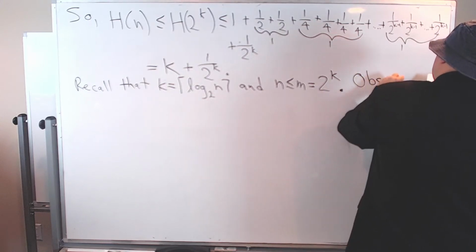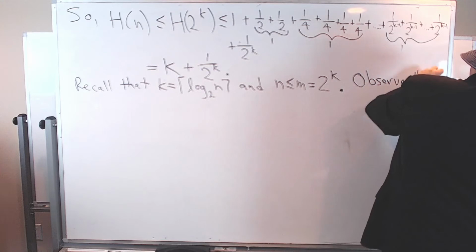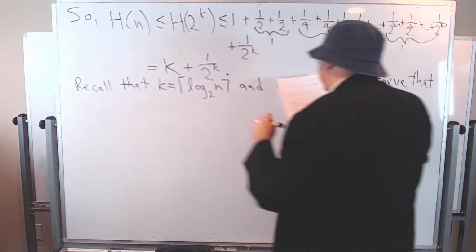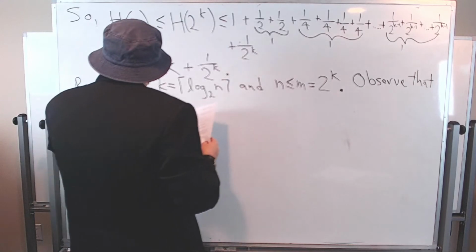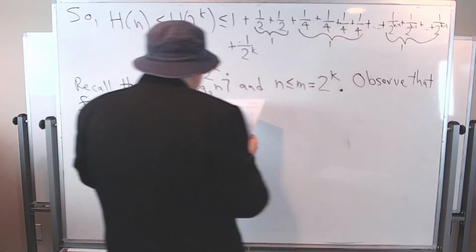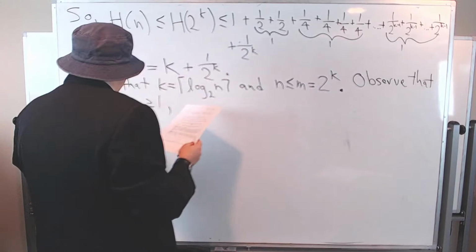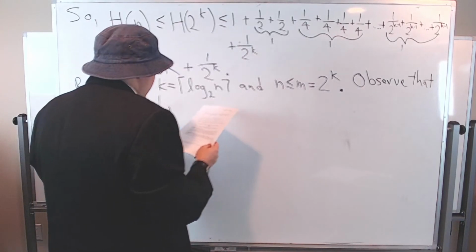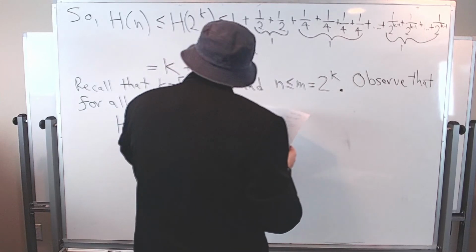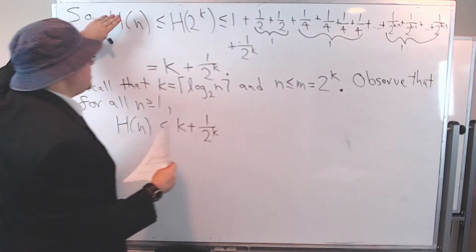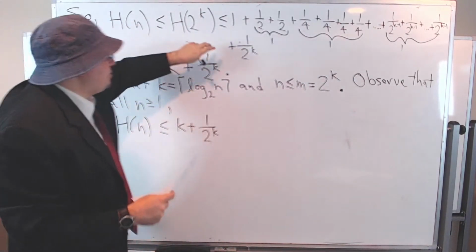Observe that for all n greater or equal to 1, h of n, or the nth harmonic number, is less than or equal to k plus 2 to the power of k. Remember, that's because of this inequality up here. Remember, it started over here, and it's less than or equal to whatever came out here.